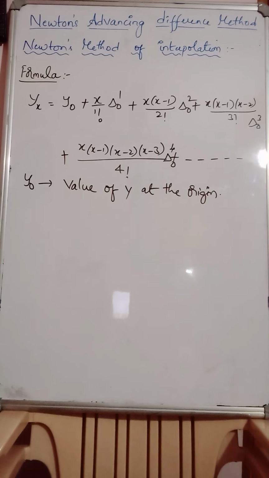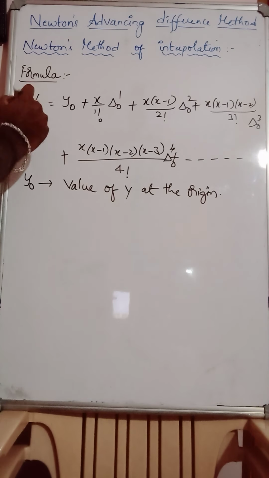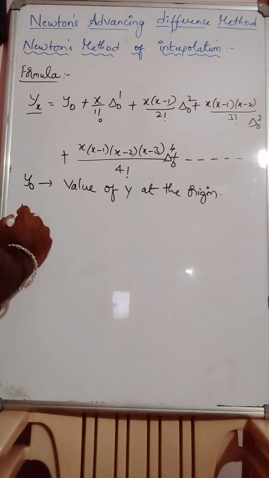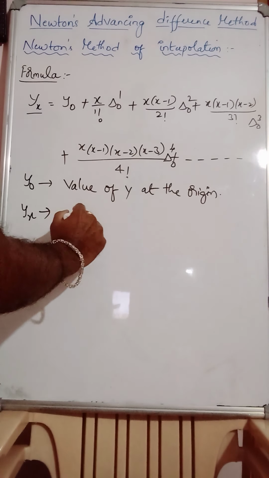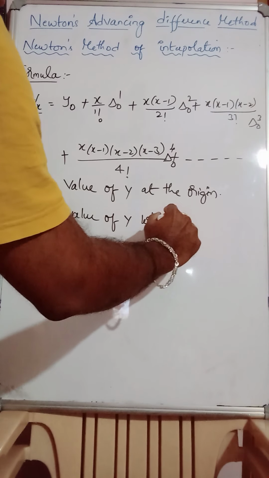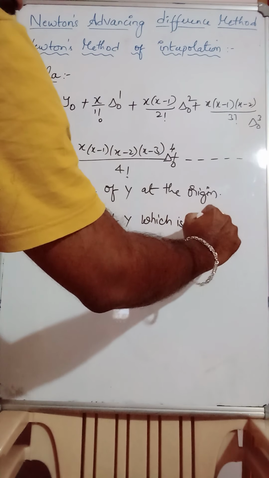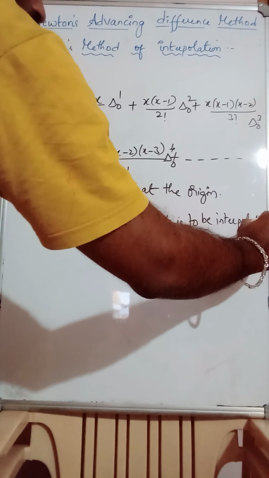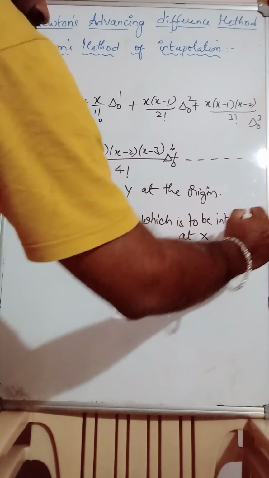Yx is nothing but the value of y which is to be interpolated, what we need to estimate at x place. That has to be written in place of yx. So yx is nothing but the value of y which is to be interpolated at x.